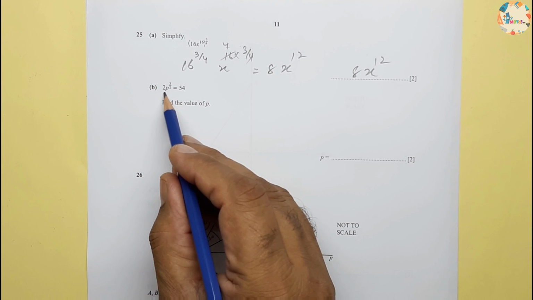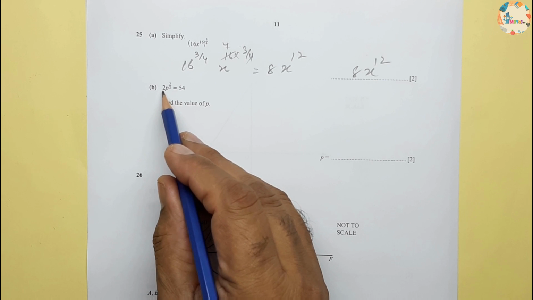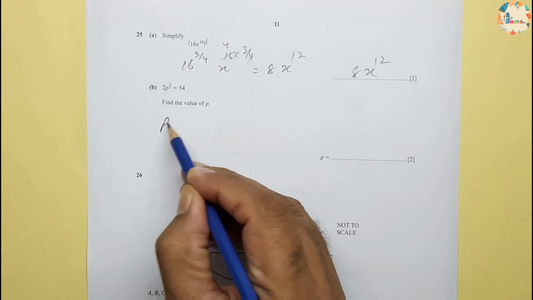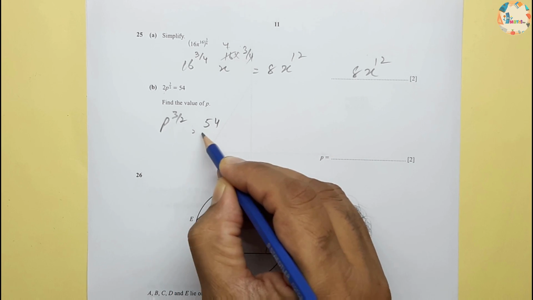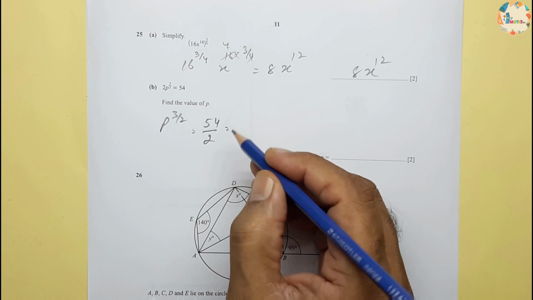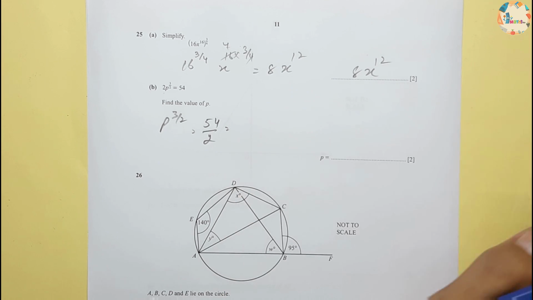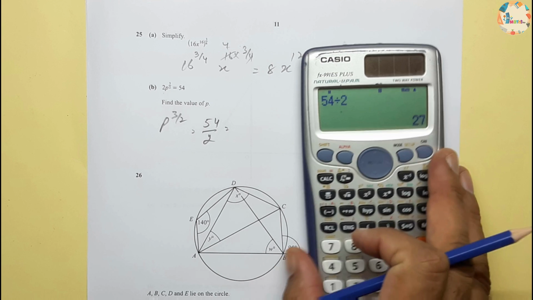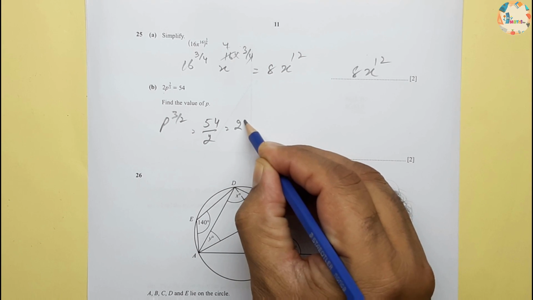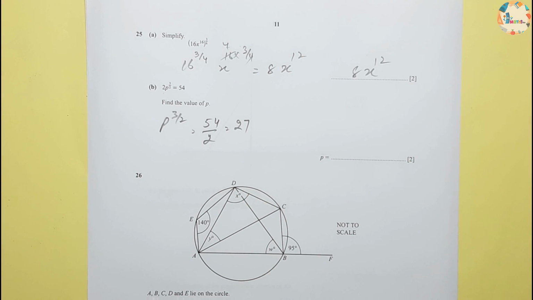And in this one we can shift 2 to the other side. So p raised to 3 by 2 will be equal to 54 over 2, which is equal to 27. 54 divided by 2 will be equal to 27. So we can write here 27.